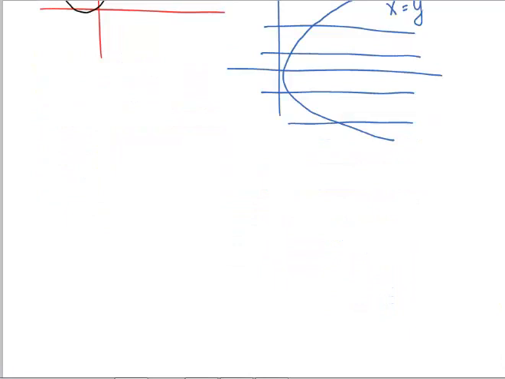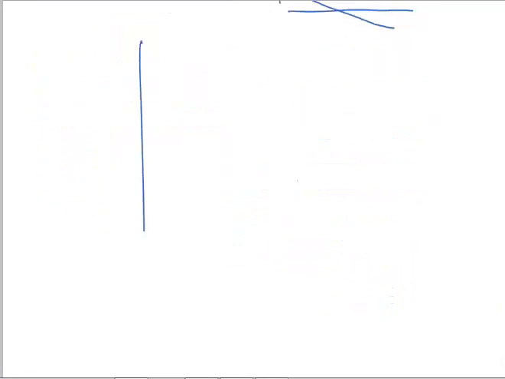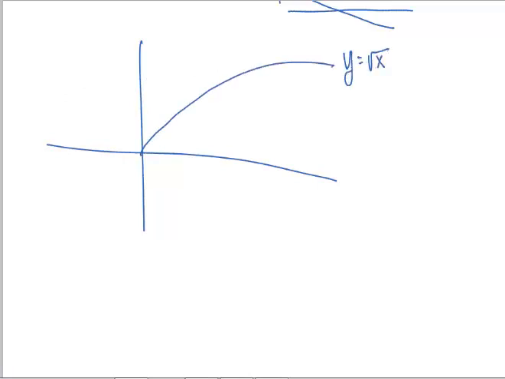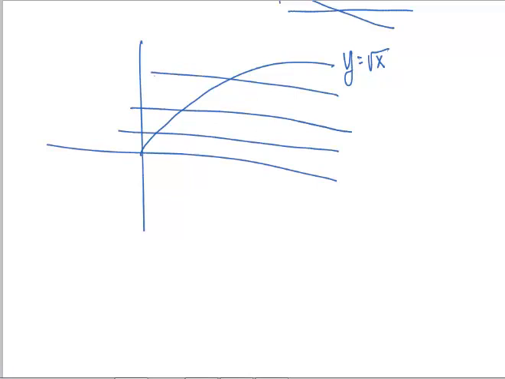If we did another graph, let's say a graph that looked like the square root, right? This is a function, and since it passes the horizontal line test, its inverse would also be an inverse function, not just an inverse relation.